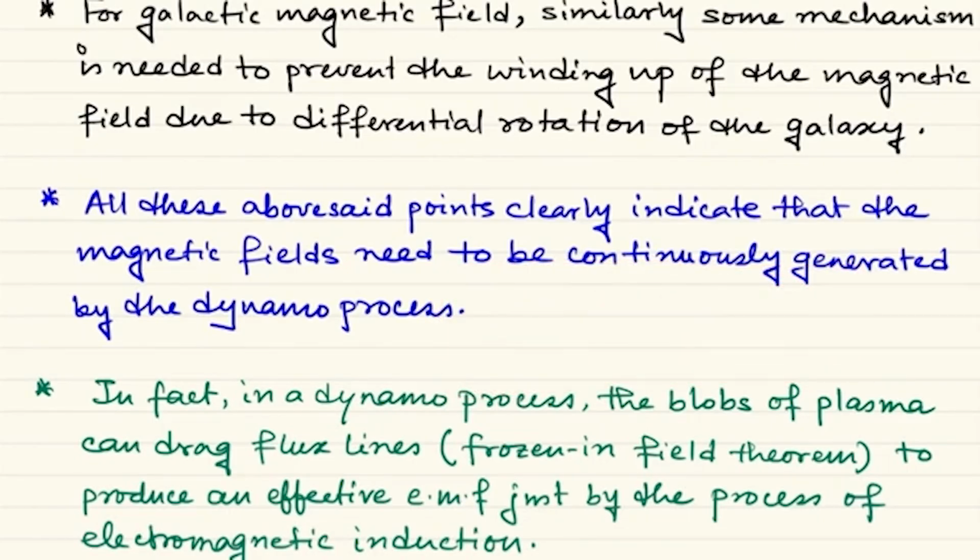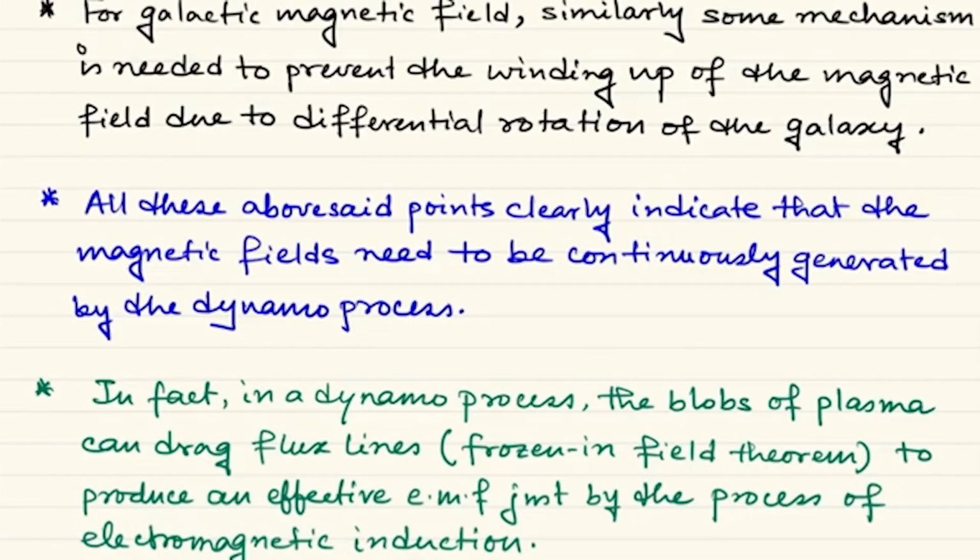And if this is true, then this simply says that the blob of plasma has some velocity, because it is moving, and this simply drags the magnetic field lines, due to the frozen-in field theorem, because the magnetic field lines are frozen in the plasma, to produce an effective electromotive force, because of the convective motions and irregular motions.